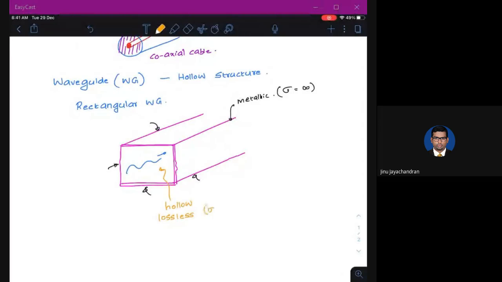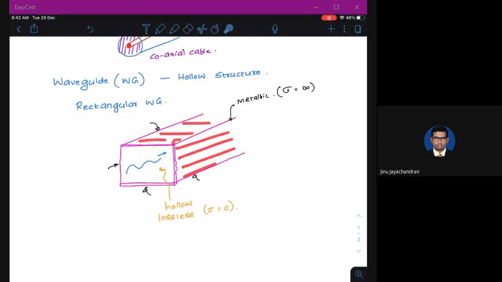Okay. And when the wave propagates through this waveguide, because of this metallic structure, it will not be able to come out of the waveguide. And since there is a medium inside the container, this is basically the hollow lossless medium, and then there is this metallic sheet.